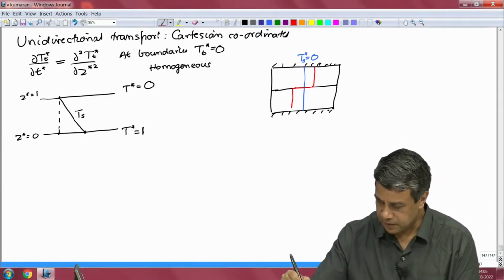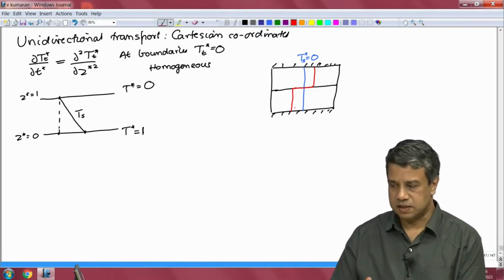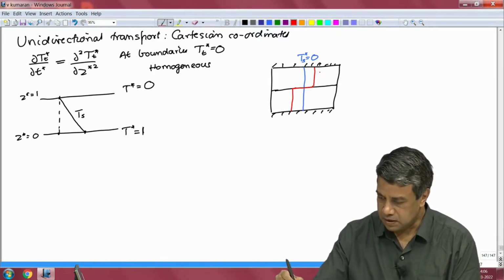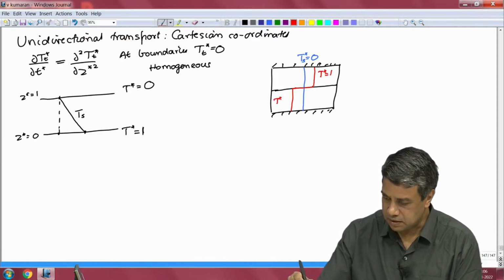The initial profile was T star is equal to 1 here and T star is equal to minus 1 here.